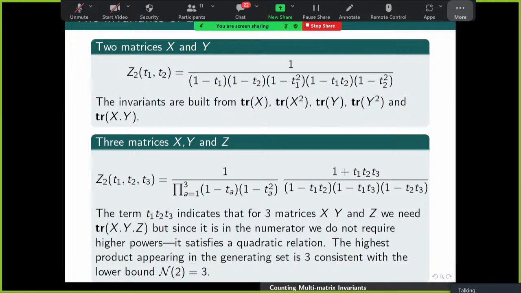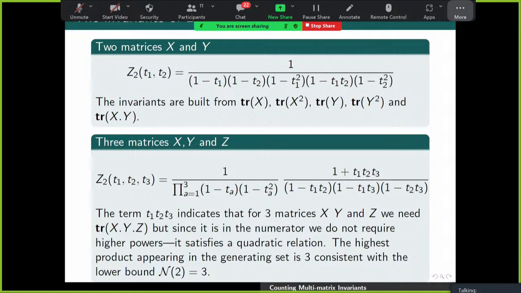But one can do that integral for relatively small systems, and I've written out what it looks like for 2 2-by-2 matrices. The information that you can see in it is that it is 1 over 1 minus T1. T1 is telling us that one of the variables is the trace of the first matrix.